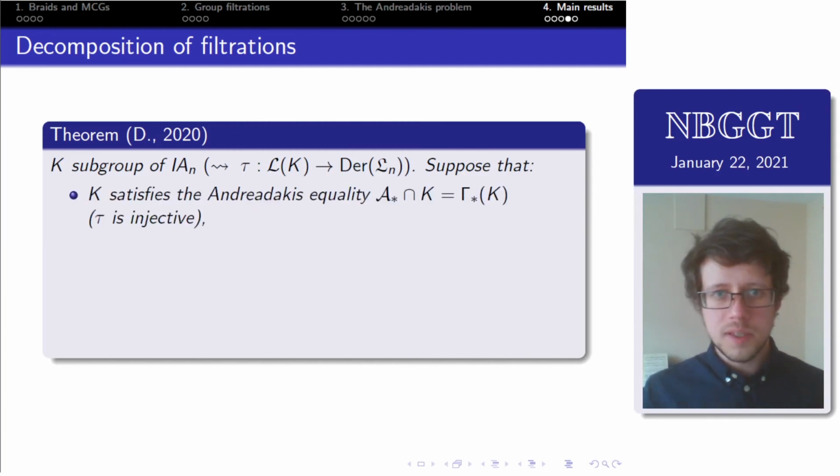We suppose that first we know that the Andreadakis equality is true for K, which means that tau is injective.